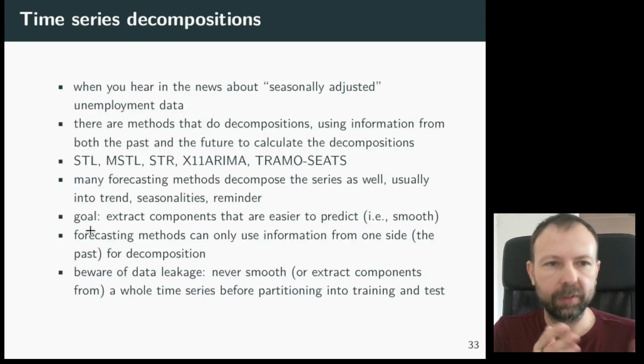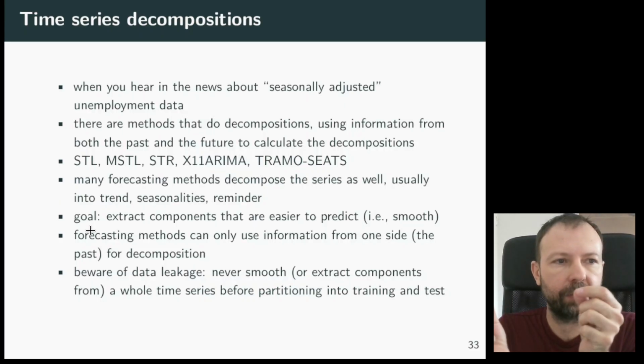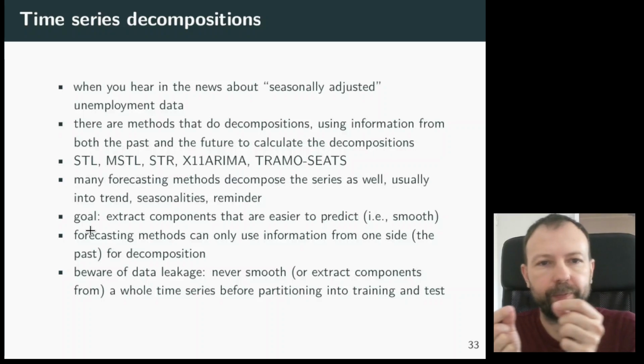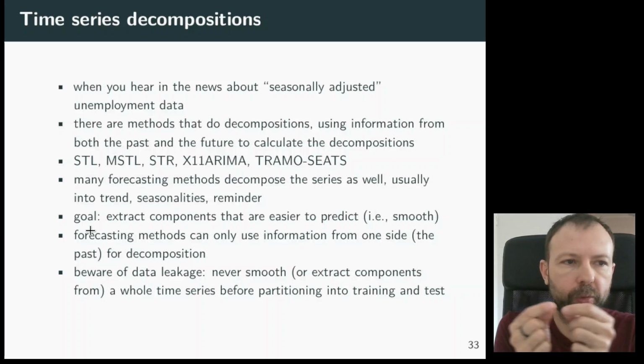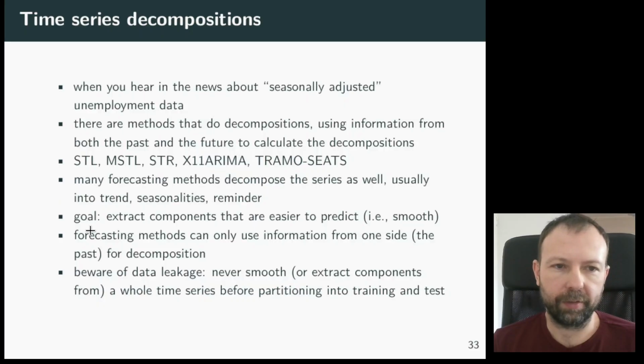Because STL uses information to smooth, for a particular point it uses information from both future and past for its smoothing, whereas a forecasting method can only use the past data. So beware of data leakage in this context.